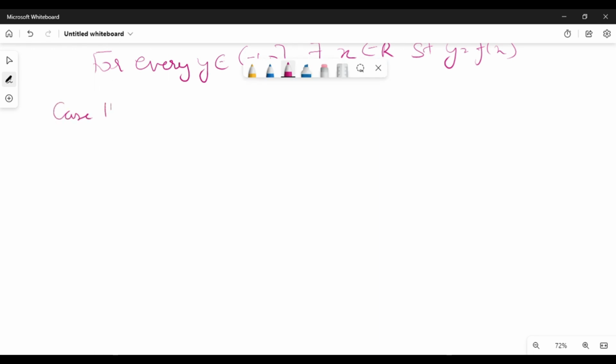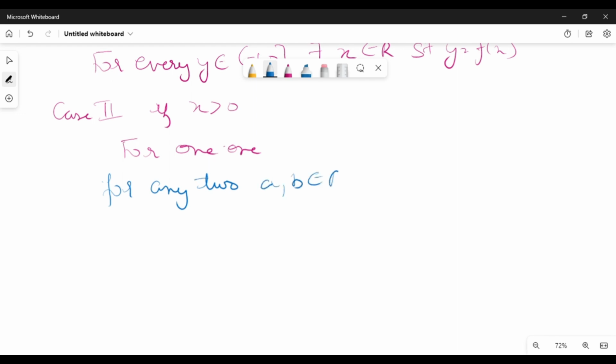Second case is if x is greater than 0. Now what will happen if x is greater than 0? Firstly, I will check for 1-1. For 1-1, again I have to start with two numbers, any two a and b belonging to R. Now it is clear that a and b are both greater than 0.